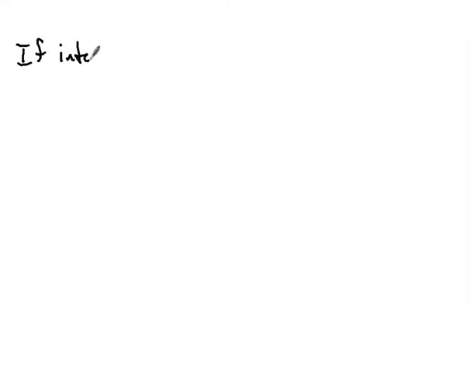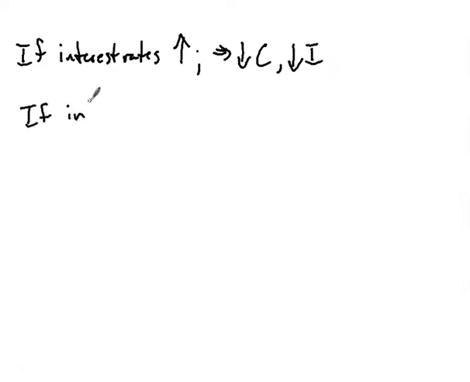So if interest rates increase, there will be a decrease in consumer spending and a decrease in business investments. All right? If interest rates decrease, then there will be an increase in consumer spending and an increase in business investments.